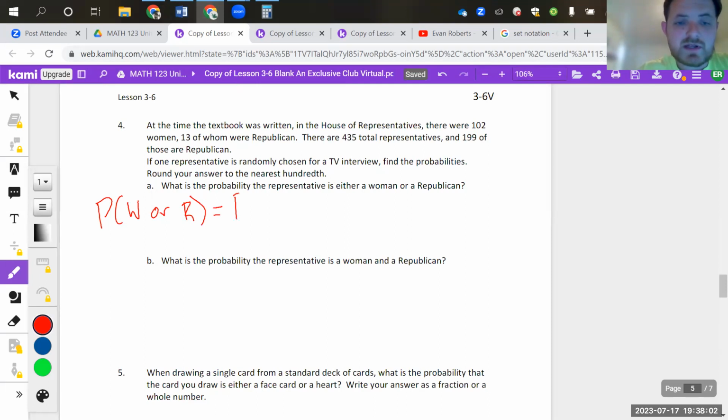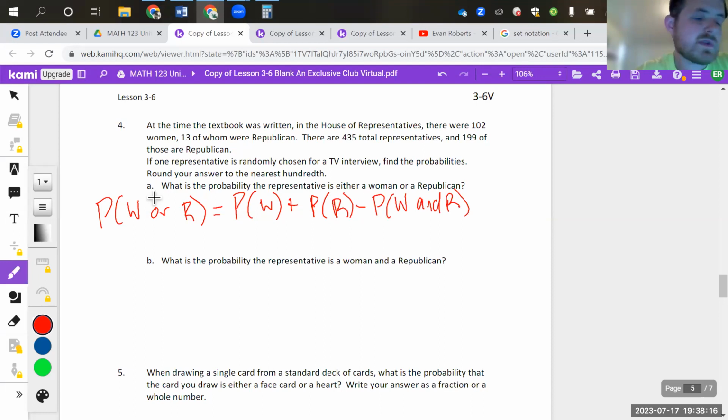So that would be the probability that somebody is a woman, adding the fact that they're a Republican, and then subtracting out the probability that they're a woman and Republican. Because again, that overlap would have gotten counted twice during the process there.